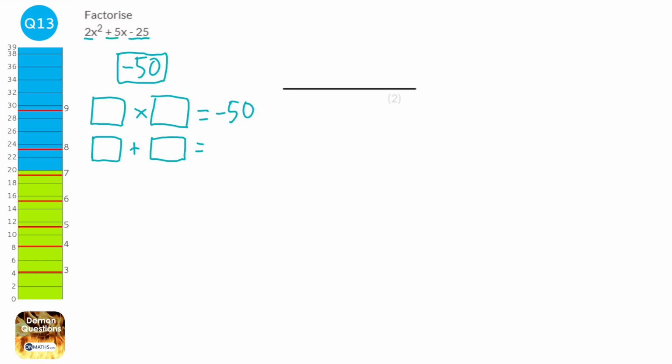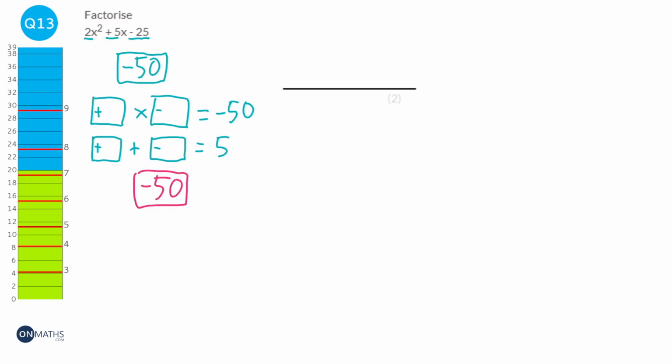So, looking at the fact that they multiply together and end up with a negative, they are going to be different signs. So we know one of them is a positive and one of them is a negative. And so what I'm going to do is write down all the factors of 50 or minus 50 that are different signs.